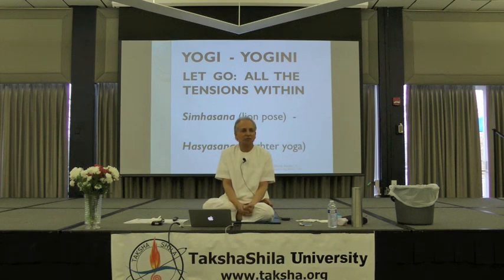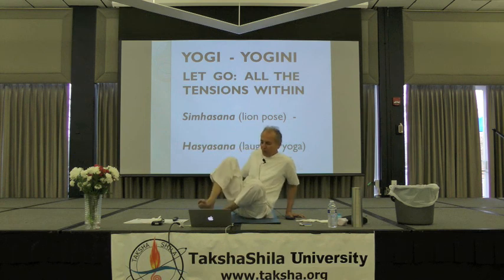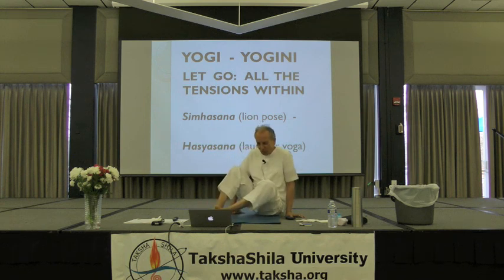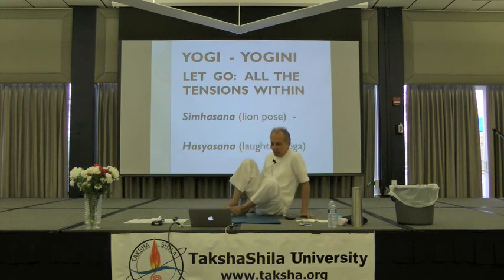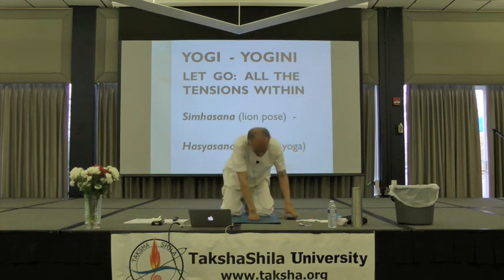If not, I know many of you have done it, we'll do Simhasana. In Simhasana, you will be sitting down first in Vajrasana if you can. Then you'll put your hands in front, stick your tongue out, roll your eyes high up, and roar like a lion.